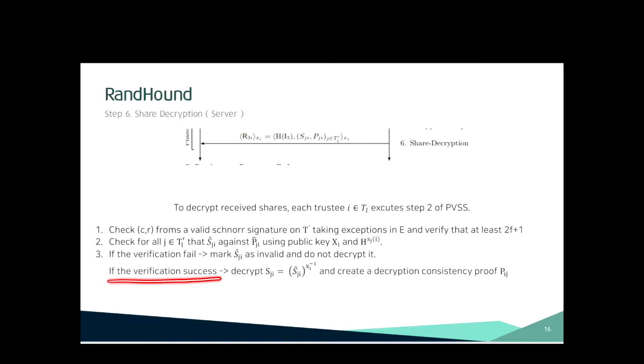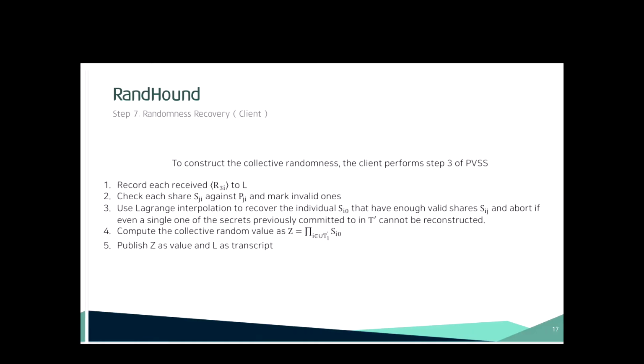If the verification succeeds, it decrypts and creates a decrypted NIJK verification value PIJ, and if the verification fails, mark SJ as invalid and do not decrypt it. Then the calculated values are responded to the client.